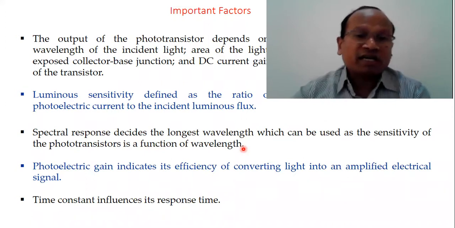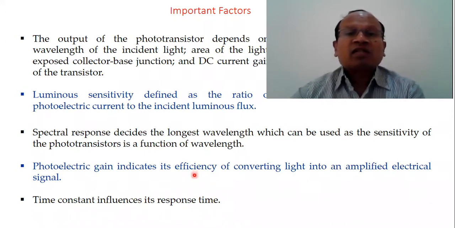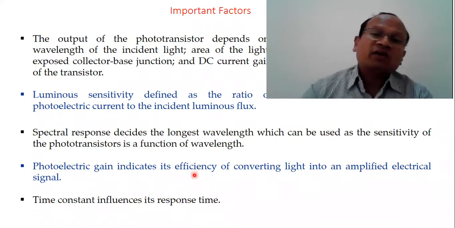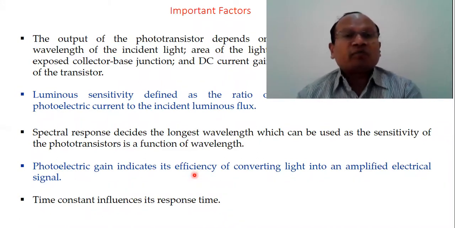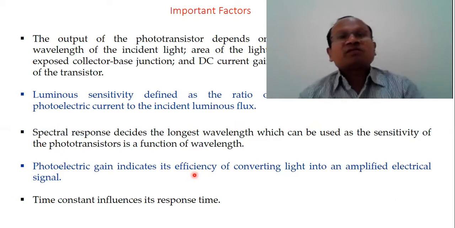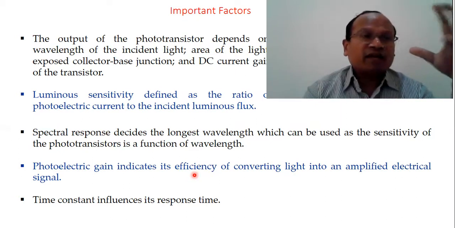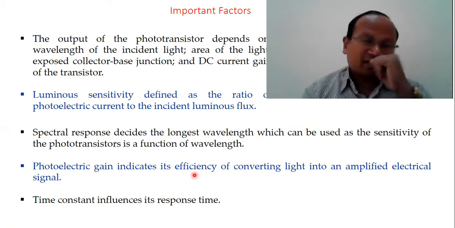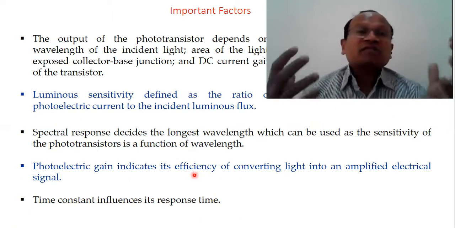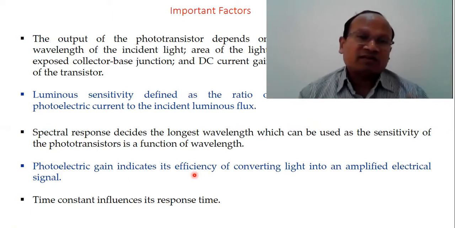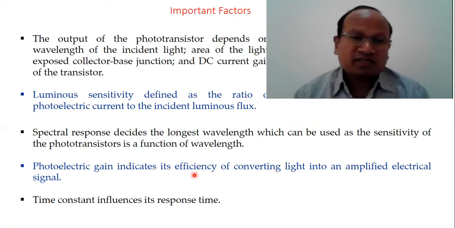The photoelectric gain indicates the efficiency of converting light into the final amplified electrical current. Ultimately, photoelectric gain means the final electric current with respect to the light signal, versus the light intensity.